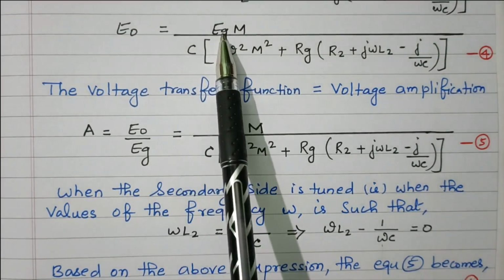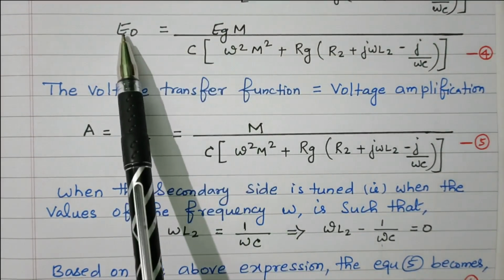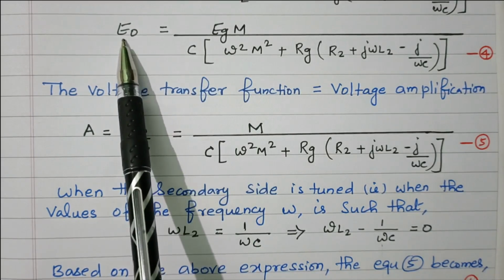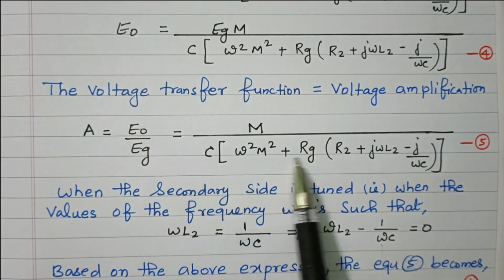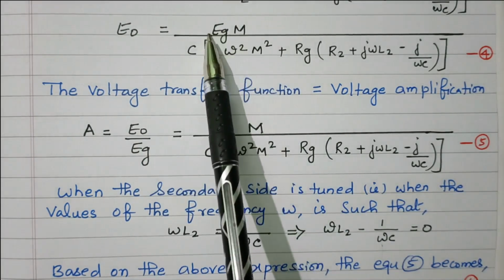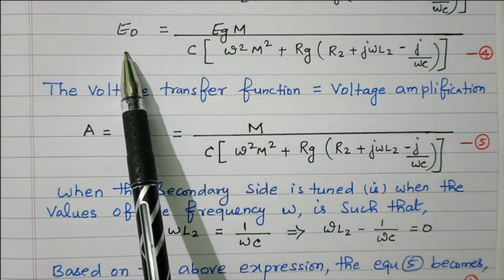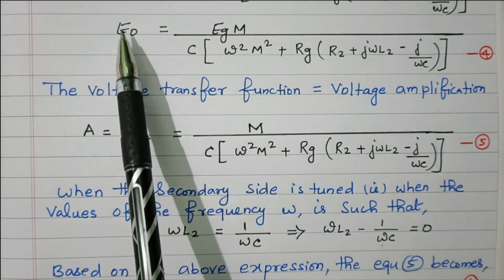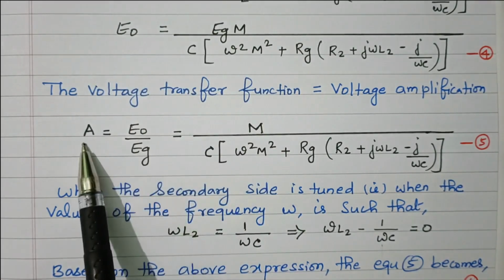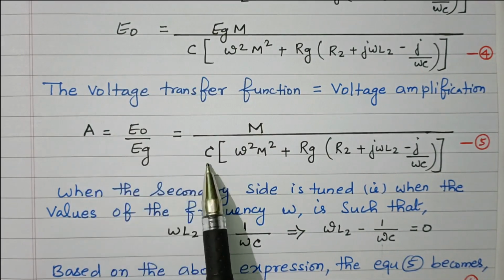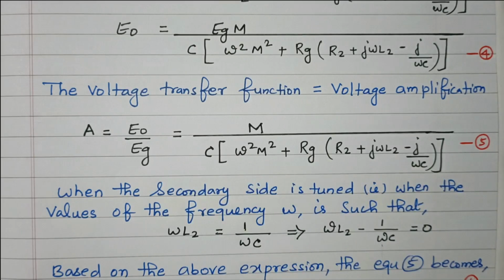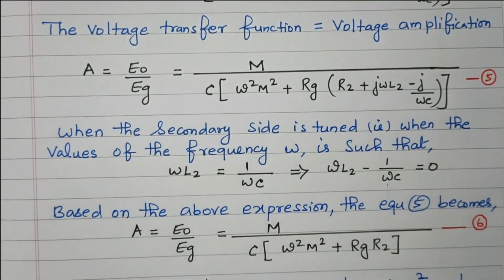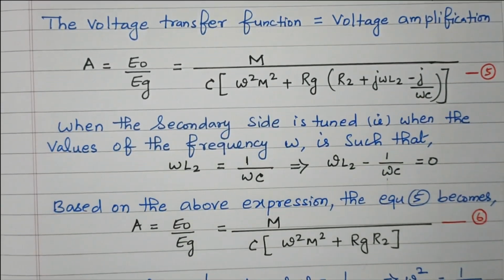Eg is brought into the denominator, so E0 divided by Eg is equal to M divided by this term. That is nothing but the amplification factor. So from the output voltage equation we got the amplification factor.